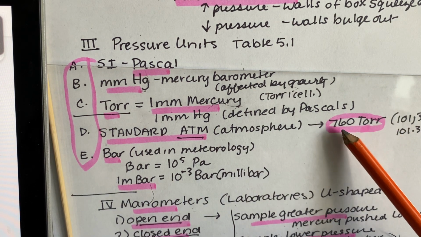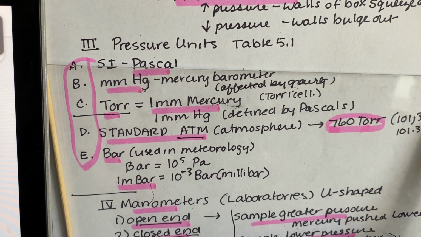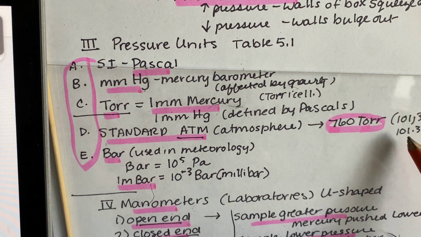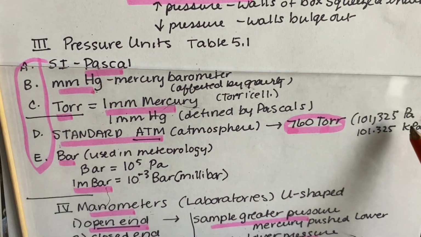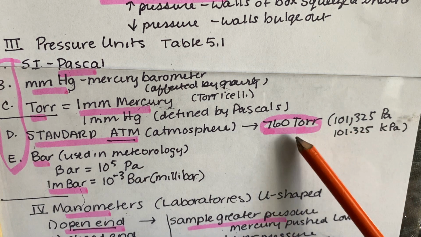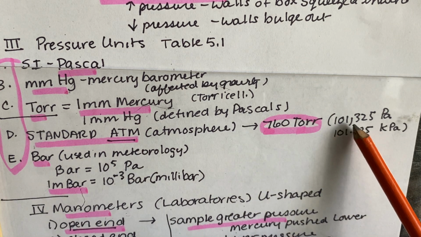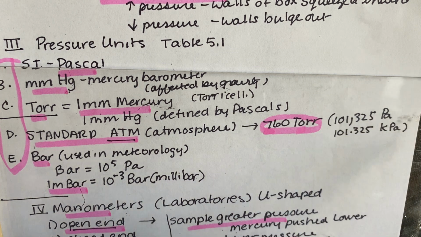Well, 760 torr is going to be 101,325 pascals, or 101.325 kilopascals, which are 1,000 pascals. So you see all that here. Let me move this over so you can see it. There's the pascal, 760 torr, 101,325 pascals, because a pascal is a very, very light measurement.